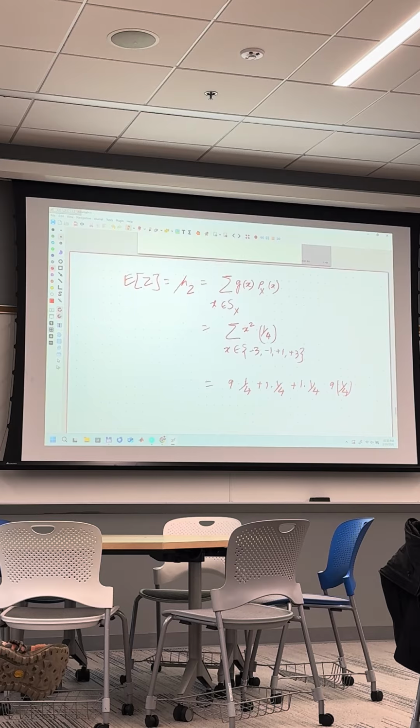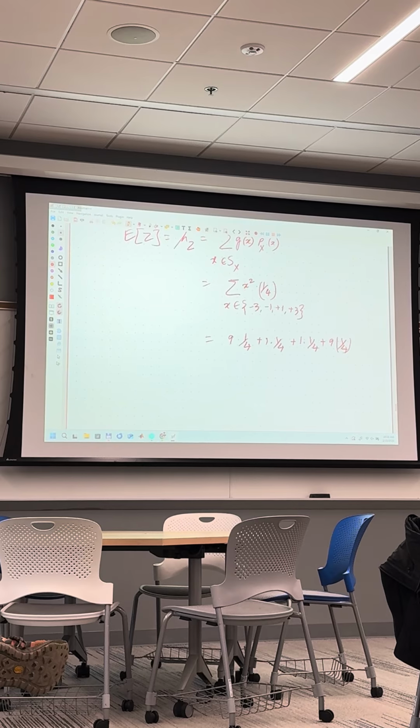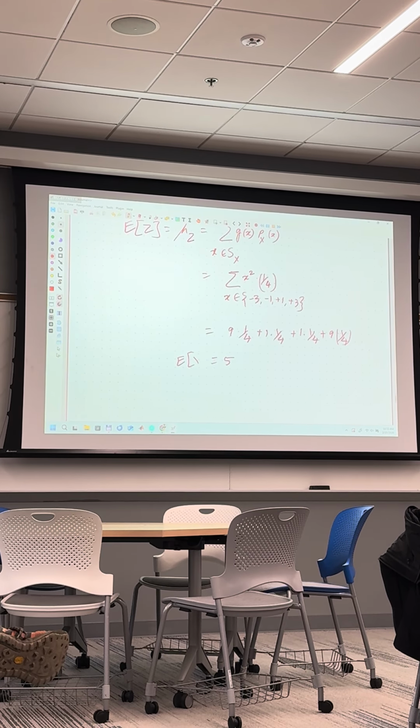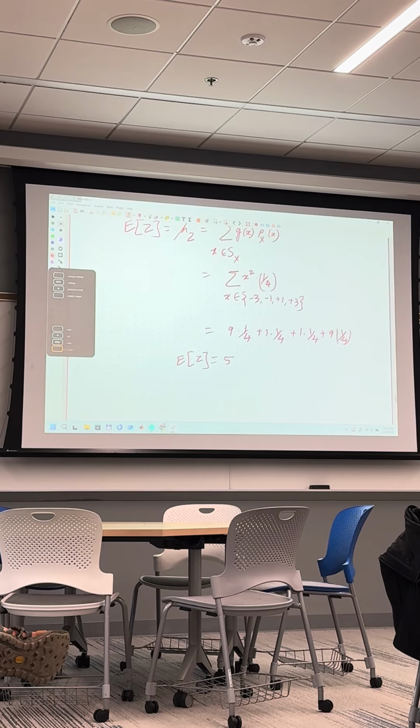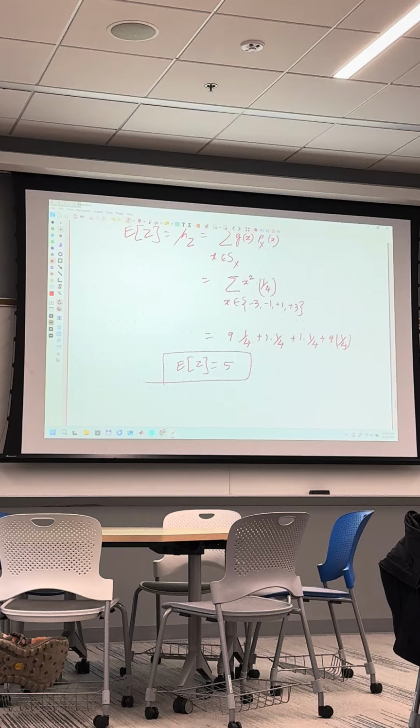Can you tell me how much it is? 20 over 4, so 5. It is going to be 5. So the expectation of Z is 5. This is the final answer.